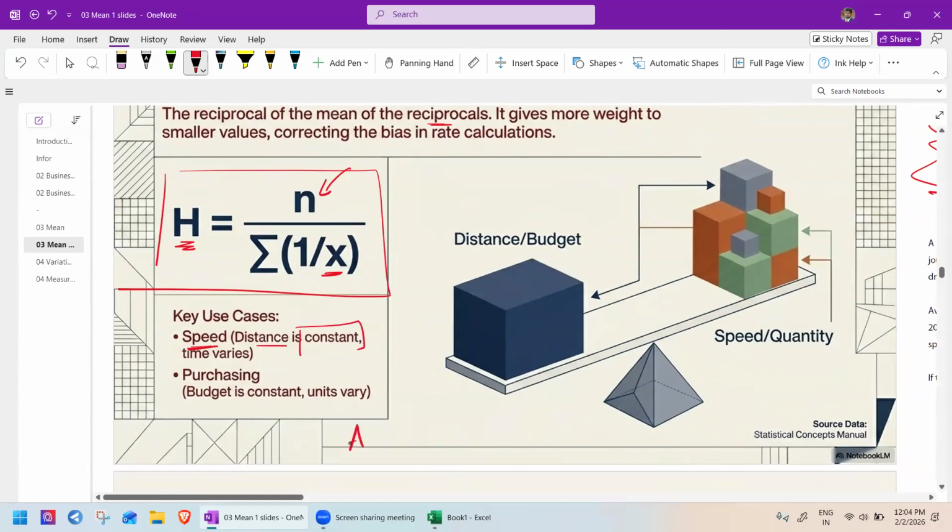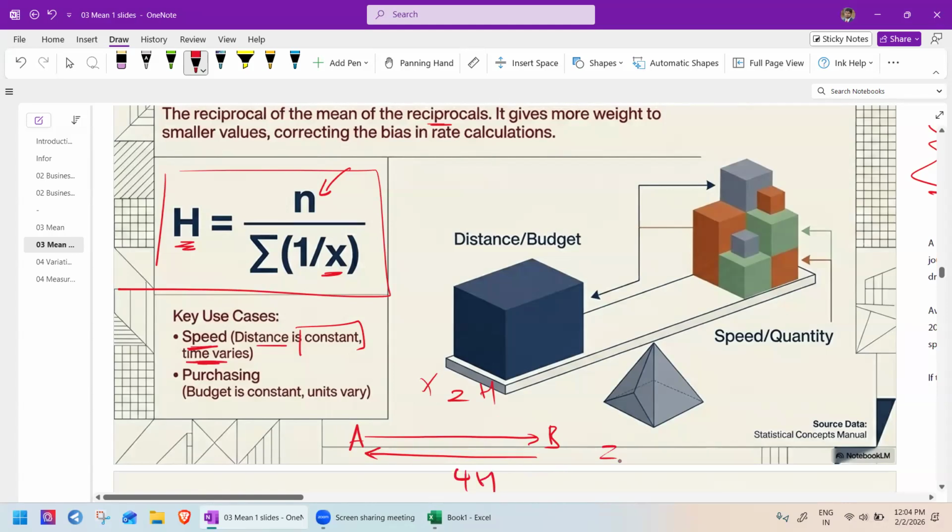For example, Mr. X travels from point A to point B and takes 2 hours. From B to A he travels in 4 hours. Then what is the average speed?